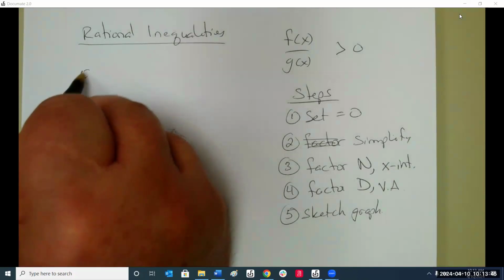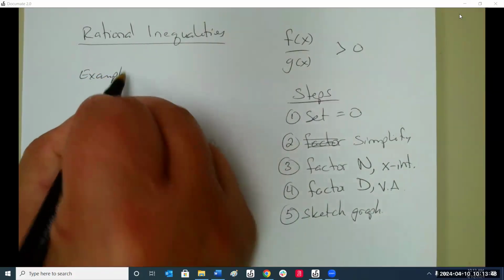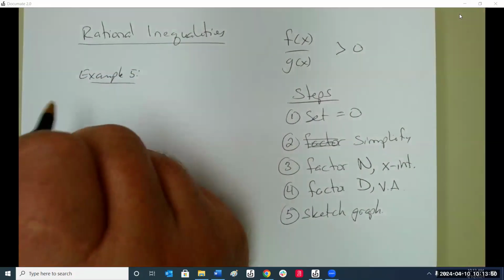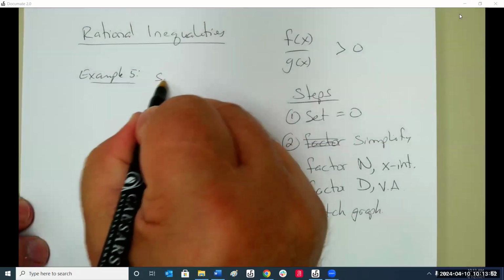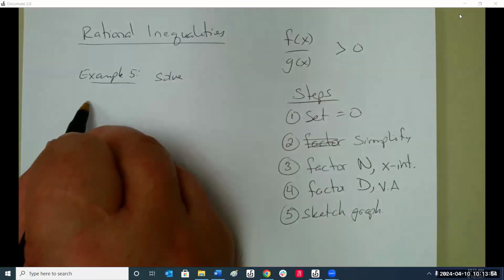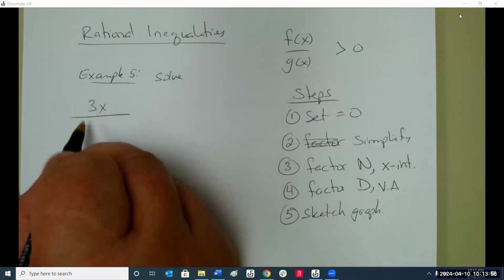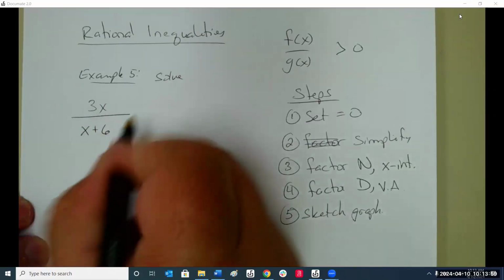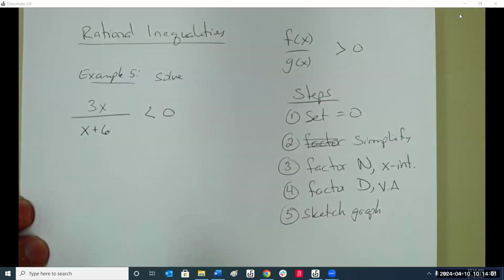All right, so example 5. Solve 3x over x plus 6 is less than 0.